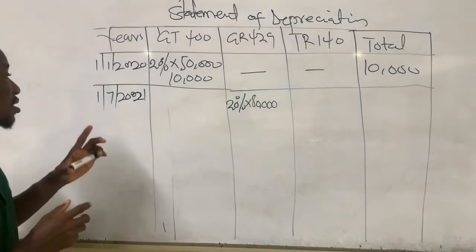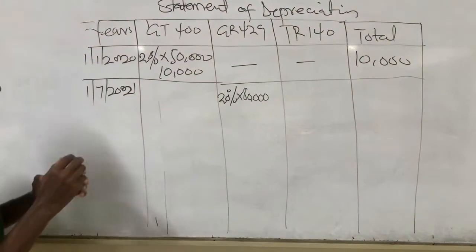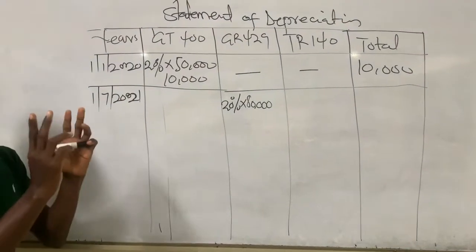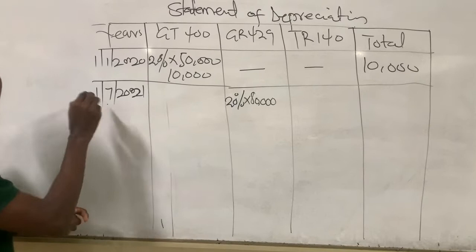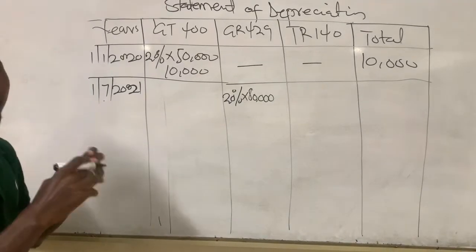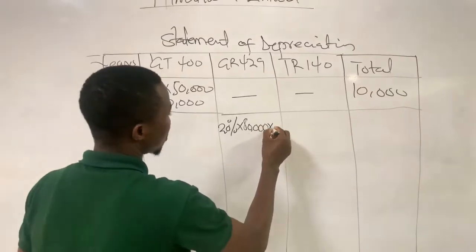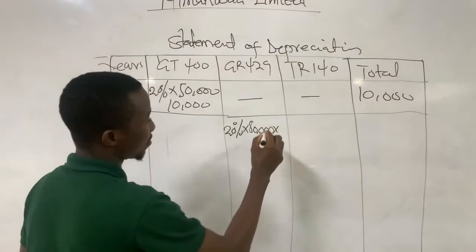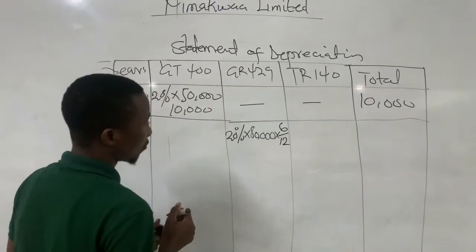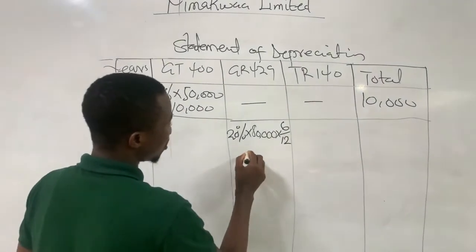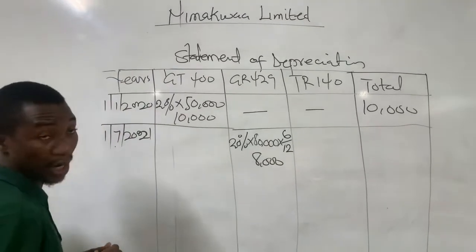This means that this asset is actually in the business for only 6 months in the year 2021. That is from July to December, 6 months. So we need to take the fractional policy into consideration. Because it is in the business for 6 months, that is 6 out of 12. So this is going to give us 8,000. Are you okay with this?